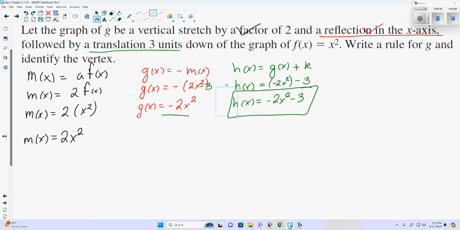That negative does not only go to the 2x squared, it also goes to the negative 3, turning it from negative 3 to positive 3. Because they did it in this order, yes, we can plug those values in, it works. But if the order's changed, it changes the equation. Does that make sense? So plugging in works if vertical stretch or shrink went first, then the reflection, then the up-down.